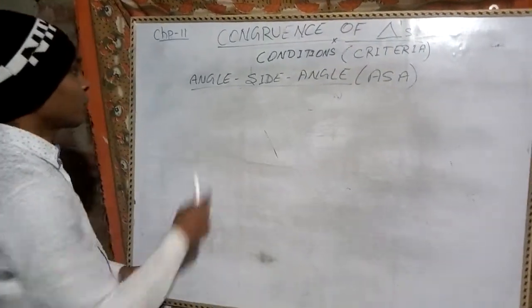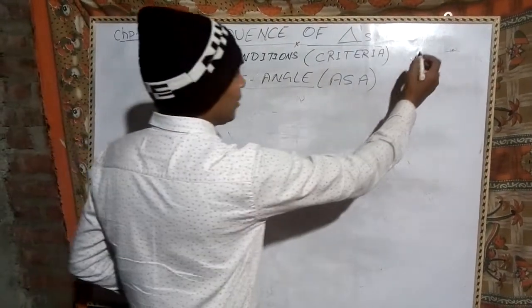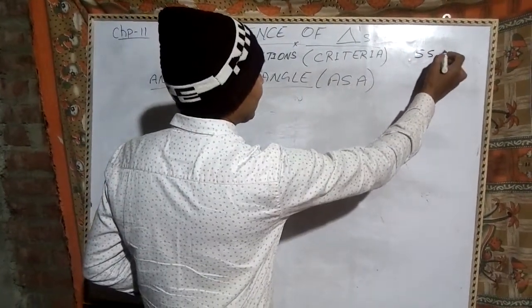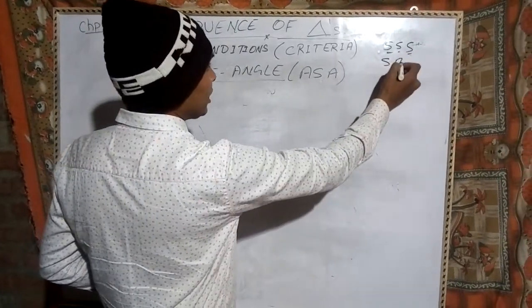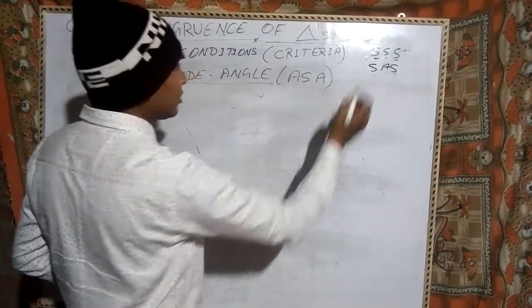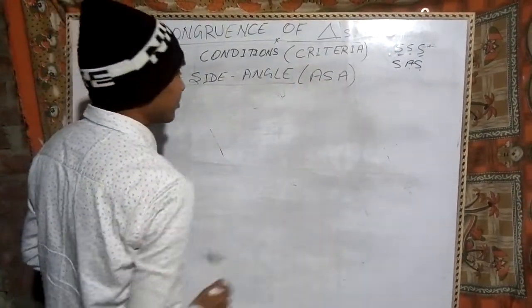Yeah. Now angle side angle, in the last I have showed you the SSS condition, side side side. Another one is SAS, side angle side. Now it is angle side angle, ASA.